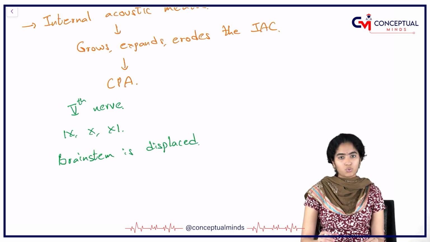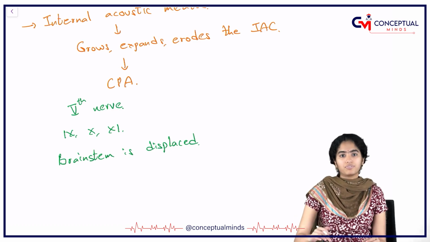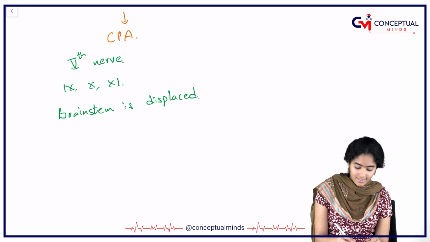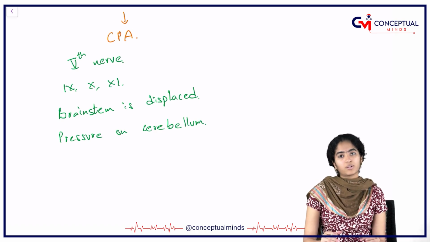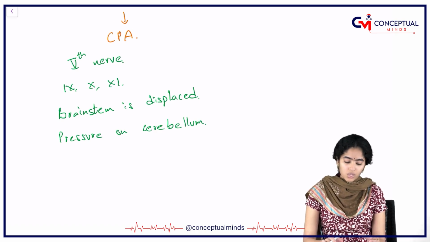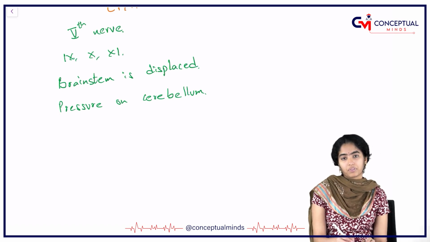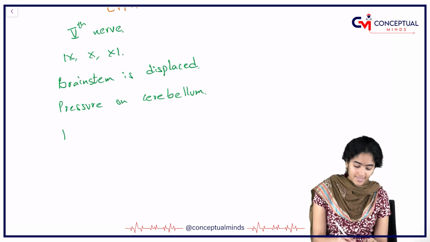And it also begins to exert pressure on the brain stem. And it grows further on beyond that also. And now what happens? It exerts pressure on cerebellum. After that also it continues to grow so much so that now the intracranial tension is increased.